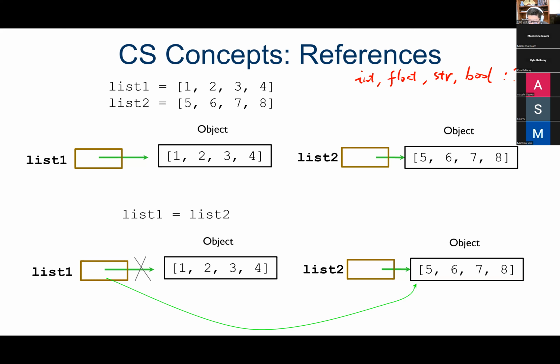These are called primitive types. In other words, they are easy data types. Just a number, whether it's a whole number or a decimal number, some text, or true or false. These are easy data types.